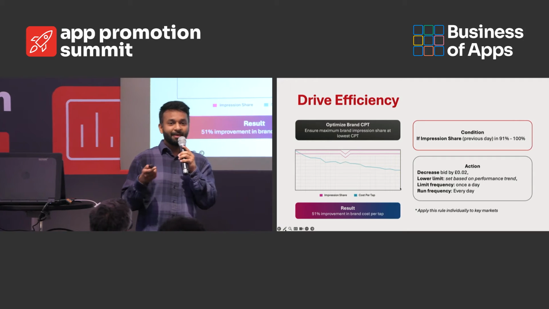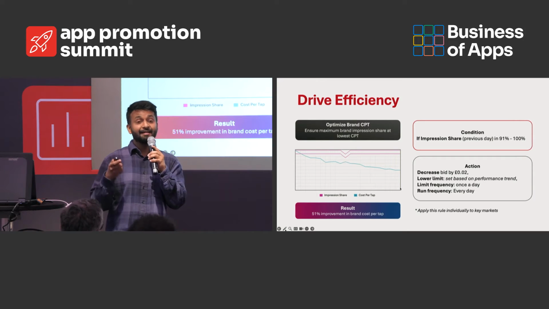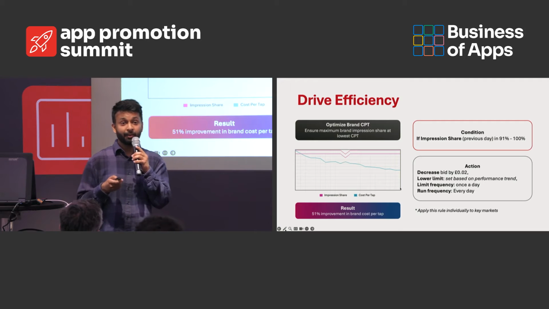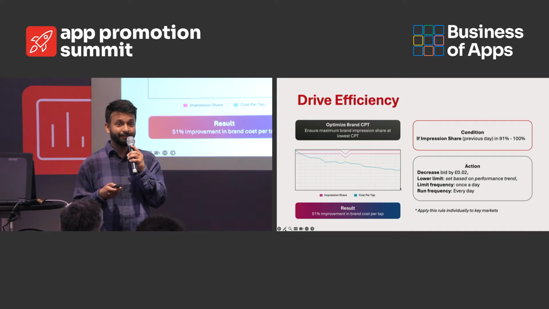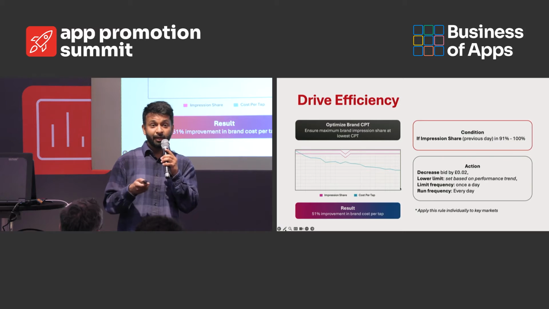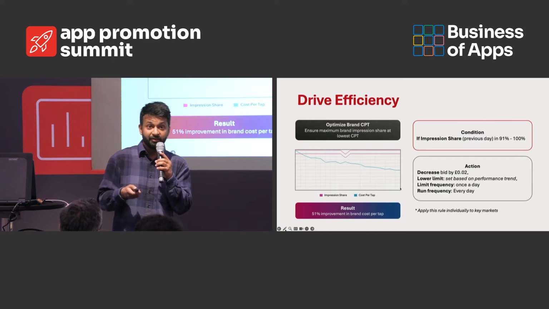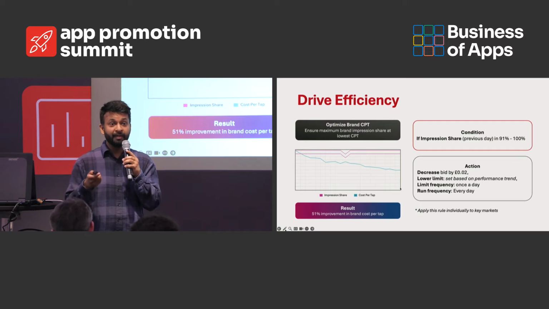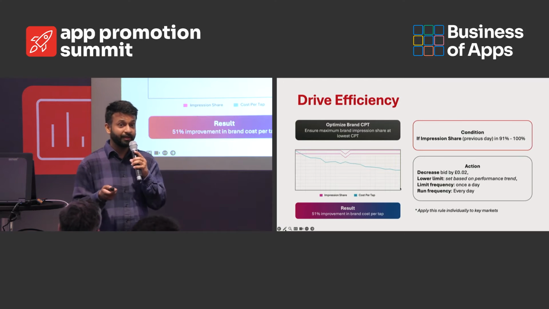What you need to remember is that it's very expensive for other apps to acquire users from your brand traffic. I guess people who are running Apple Search Ads campaigns here, if you acquire users from any other established brand, your cost per acquisition must be really high. And the same goes when others are acquiring users from your brand.